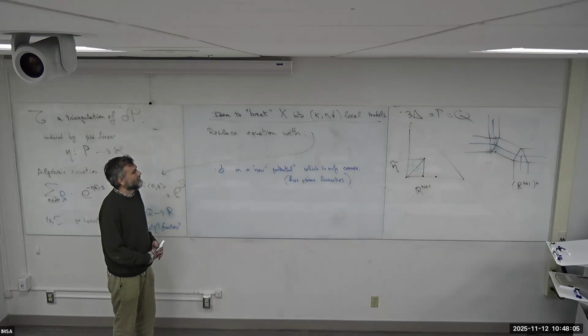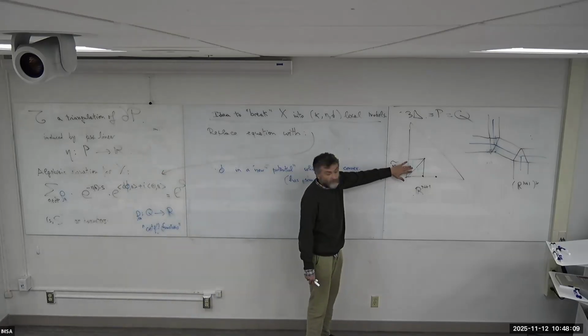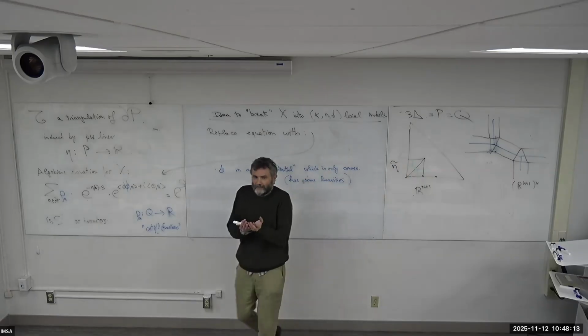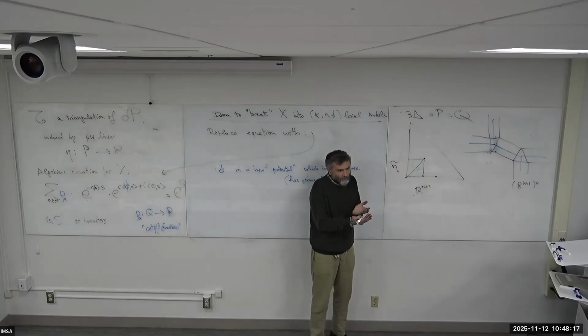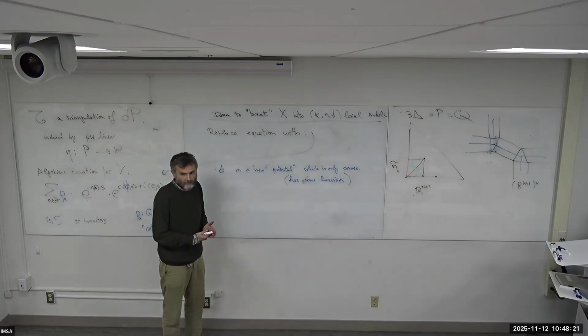Okay, now consider this piecewise linear function, eta tilde. Now consider a smoothing of this eta tilde. That means you just round off a little bit the corners so that it becomes smooth.